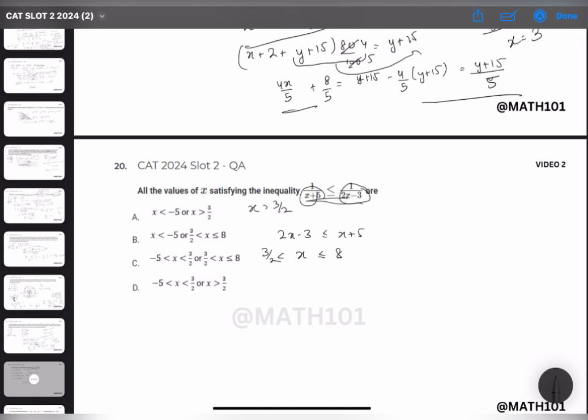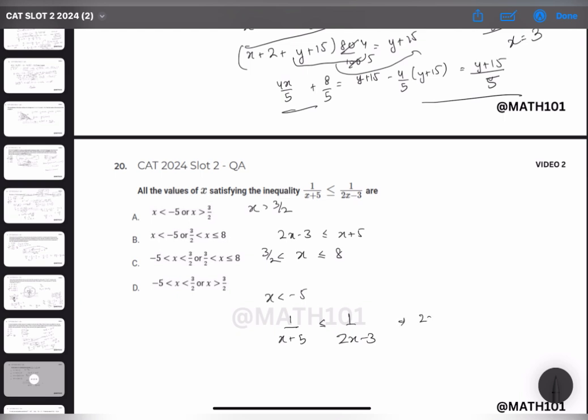So case 2 is when x is less than minus 5. When x is less than minus 5, we have 1 upon x plus 5 less than equals to 1 upon 2x minus 3. And when we cross multiply, the sign of inequality would change because x less than minus 5 means both the sides are negative.